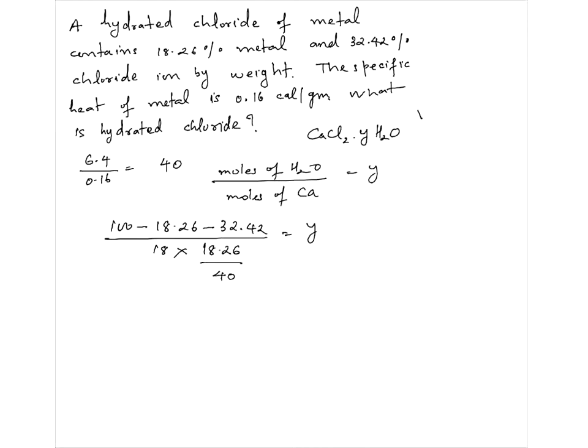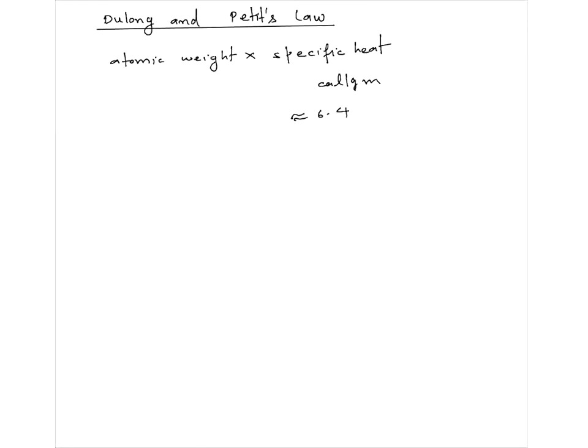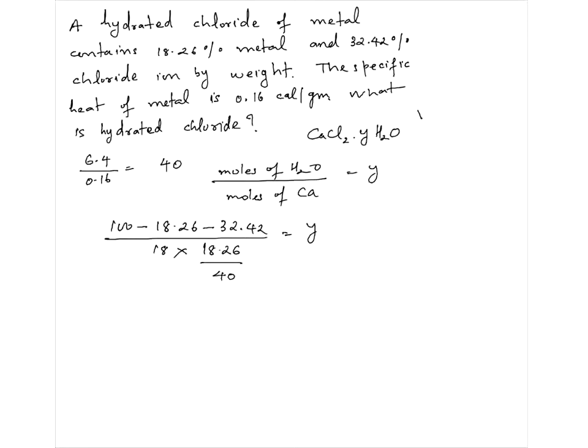Specific heat unit is looking okay, calorie per gram, for this formula to work. So 6.4 divided by 0.16. And that comes out to be 40.